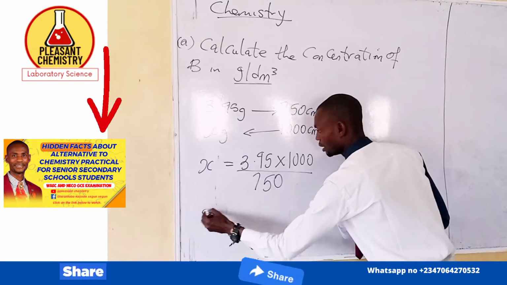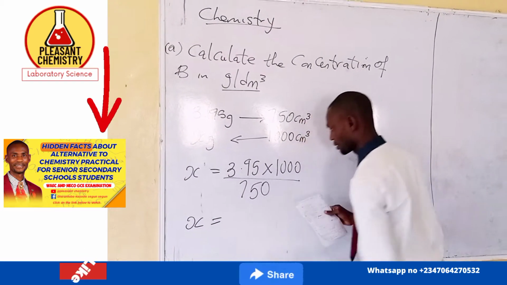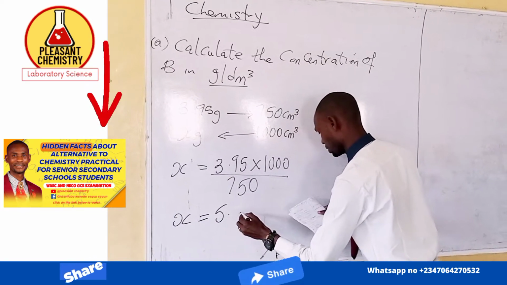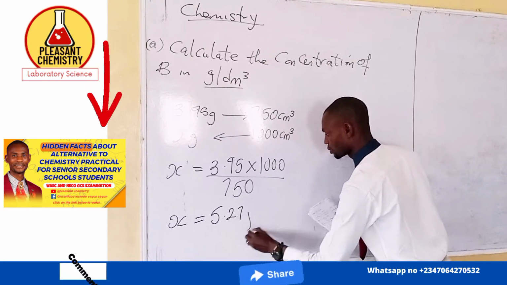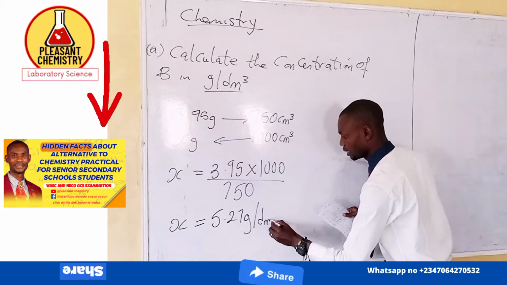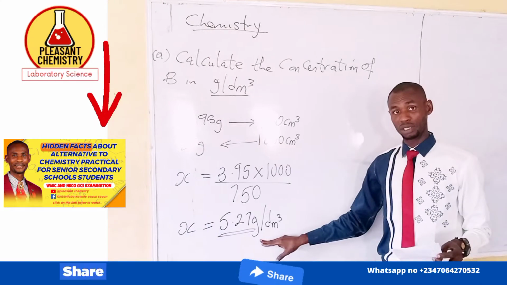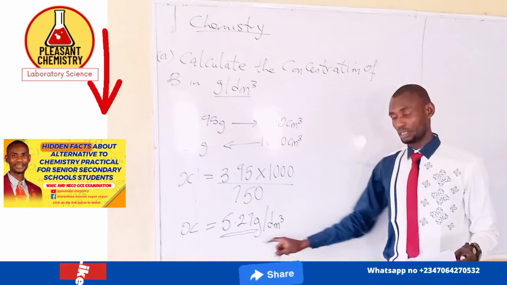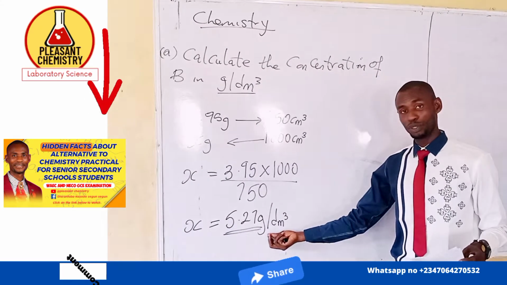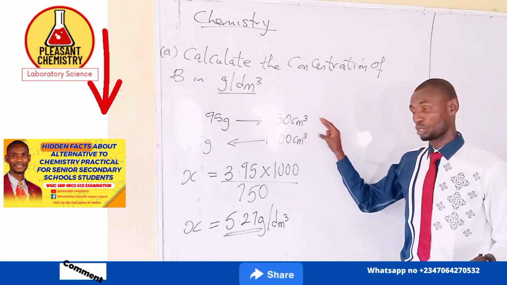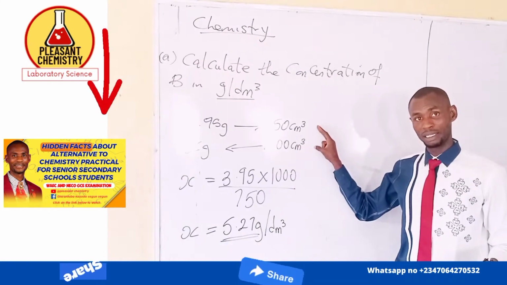So from here, we are going to have our S is equal to 5.27 gram per dm cube. Please make sure you use correct unit. If you put ordinary gram here, you are not going to have your correct mark in this place. And make sure you show this expression for you to get 1 mark here.